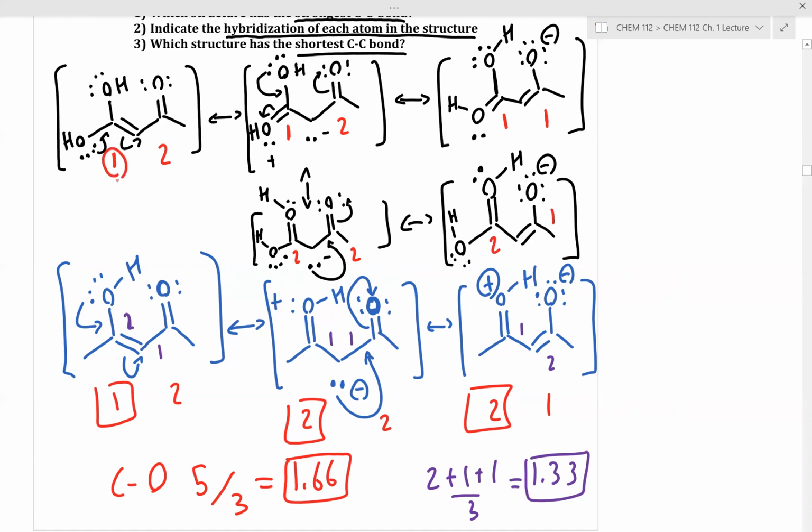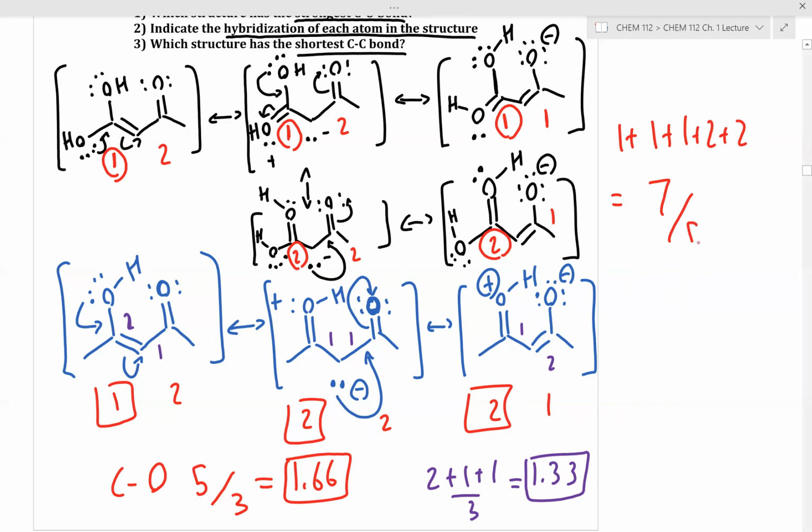Let's now just focus on one of our carbon-oxygen bonds. So let's average out our bond order together. We have 1 plus 1 plus 1 plus 2 plus 2. That in turn gives us 7. And how many total resonance structures do we have? 5.